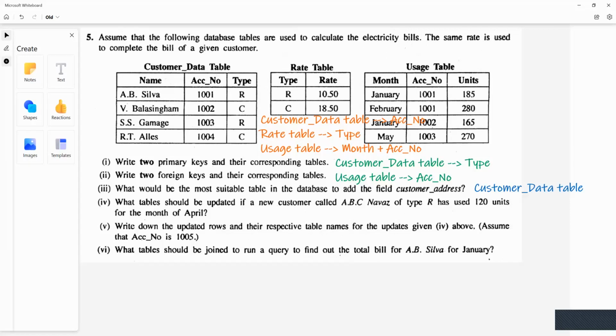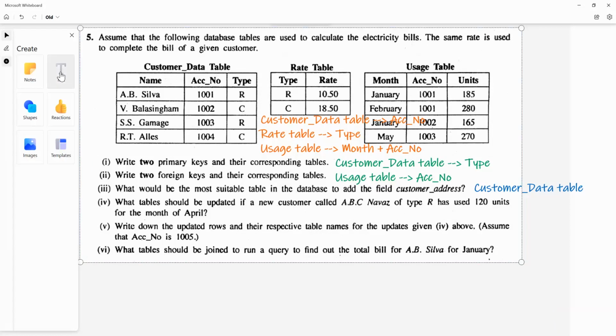And we have to insert the name and the account number and the type. And then we have to update the usage table as well. By usage, we have to keep track of the units. So let's write down the answers.